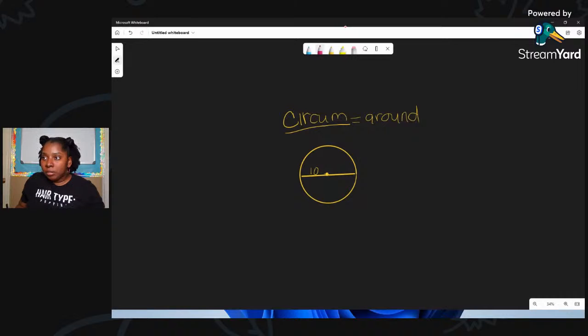The radius is just half of the diameter, so that is 5. So radius is 5, diameter is 10.